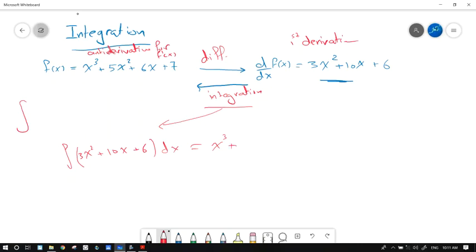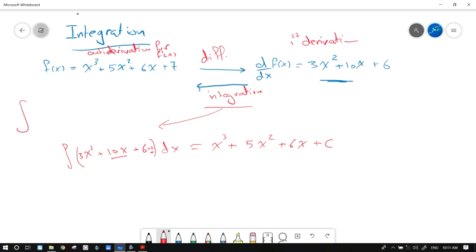Plus 10x, the antiderivative of 10x is 5x power 2. Plus 6, the antiderivative of 6 is 6x, and we consider that there is one more term, plus 0, which is the derivative of a constant. So I expect that there is a constant here, which is called c, but I don't exactly know the value of this constant.